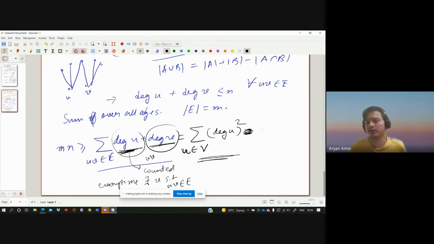From here we are just going to use Jensen's inequality, because of the x squared function. Using Jensen, you can just write it as a summation over u belongs to V. There are n vertices. I'll move to the next page.